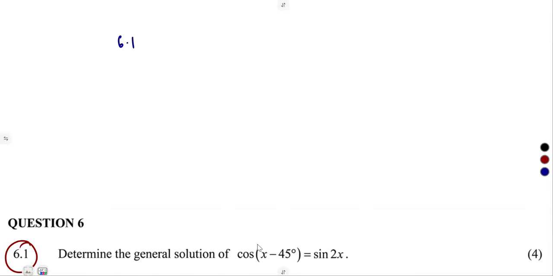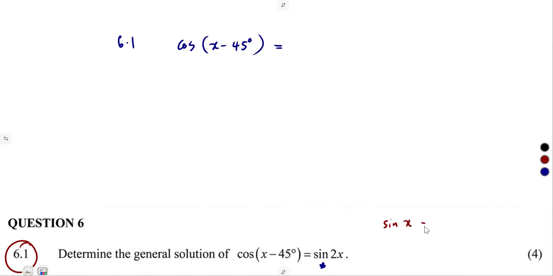Are you going to write a cos as a sine, or a sine as a cos? In my case, I'm going to change a sine to be written as a cos. So it means cos of x minus 45 degrees is equal to the sine, which I'm going to write as a cos.